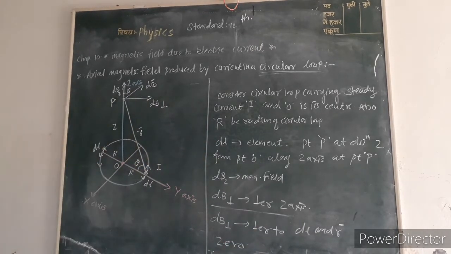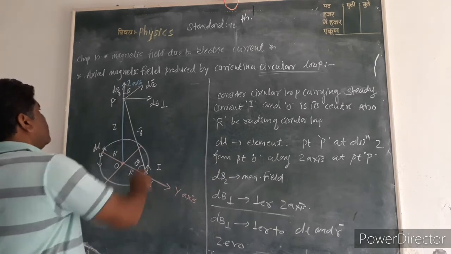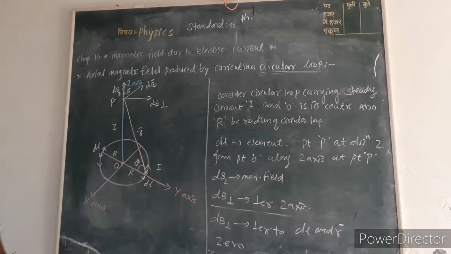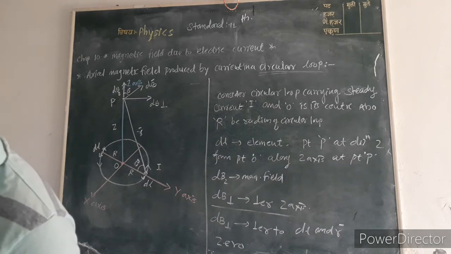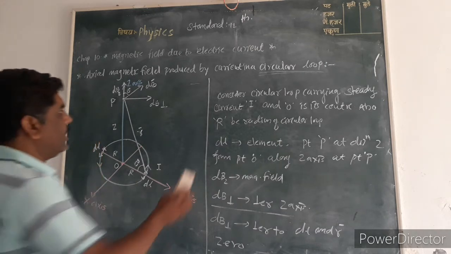Only dBz remains. Then we find the magnetic induction at point P. Before this we used the Biot-Savart law. This was a small explanation of that figure.